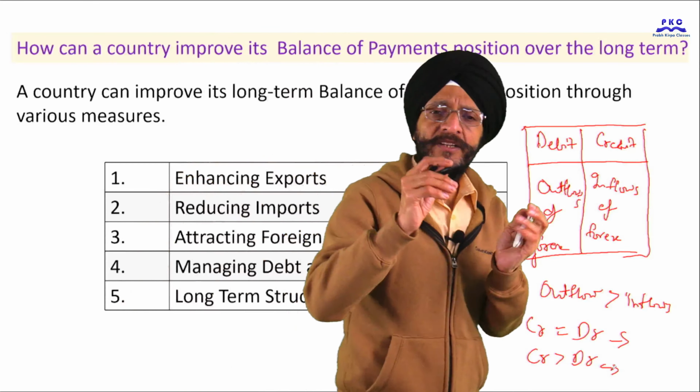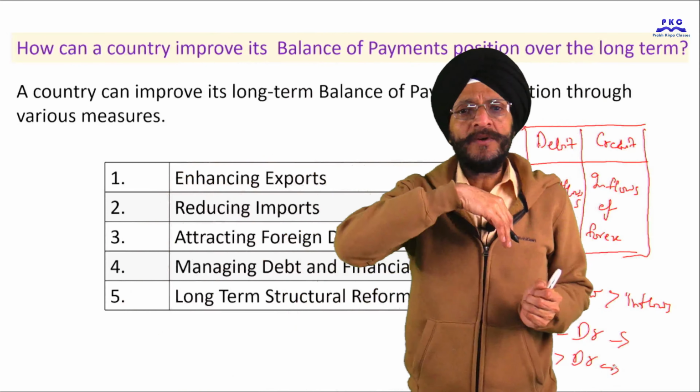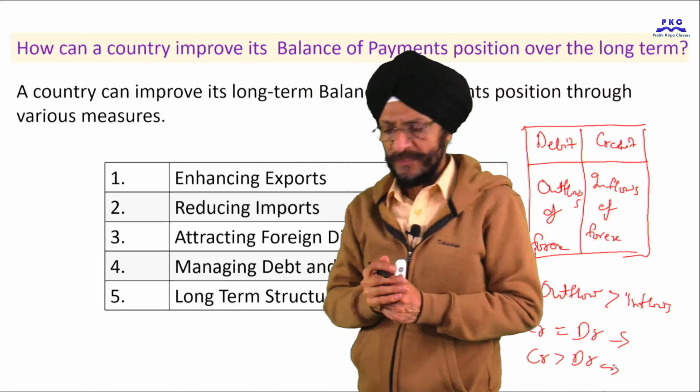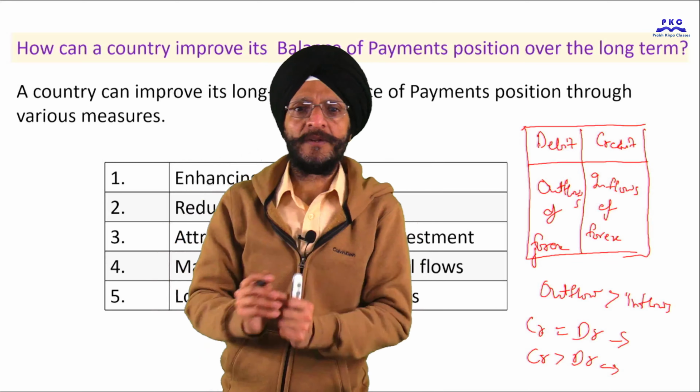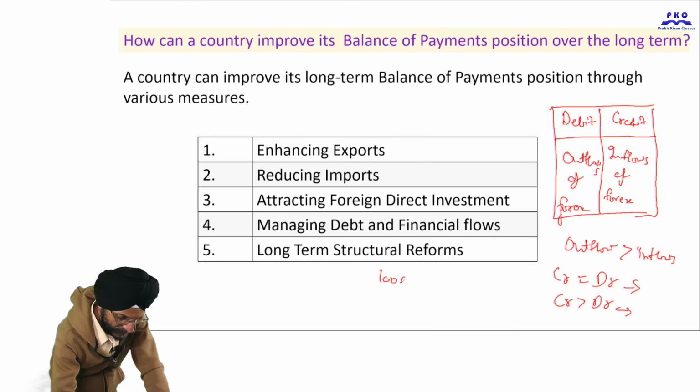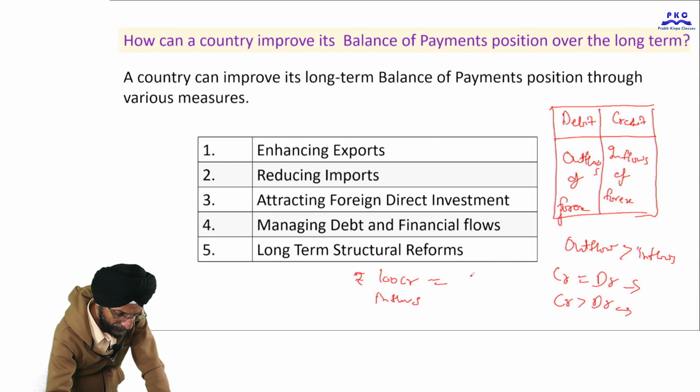That is, it is not that outflows exceed the inflows in large numbers. For example, we may say that in the previous year, our country received 1000 crore rupees as inflows and the outflow was only 90 crores.